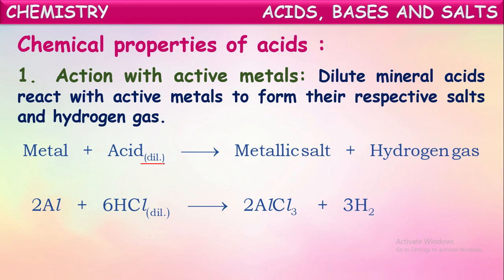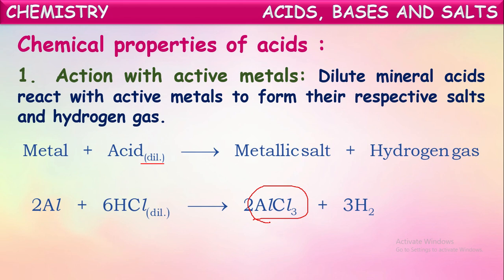When the metal aluminium reacts with hydrochloric acid, it forms aluminium chloride salt, and it liberates hydrogen gas also. In this way, acids react with active metals to form their respective metallic salts and liberate hydrogen gas.